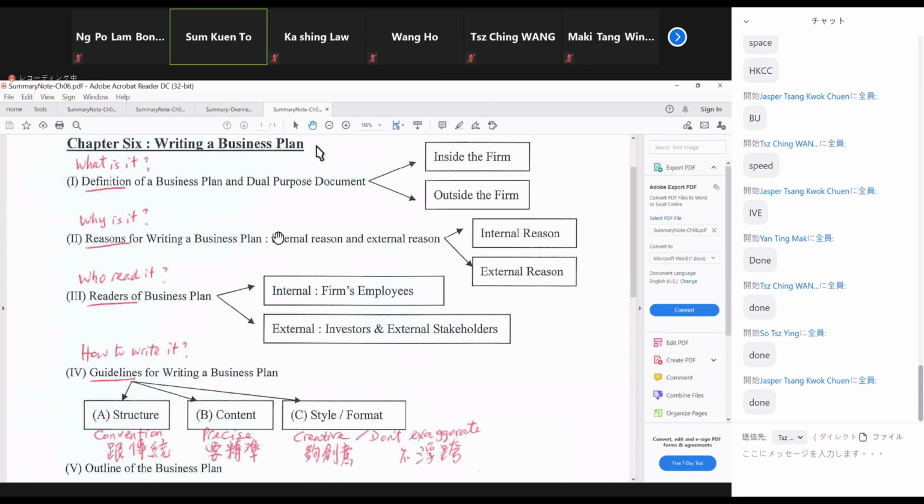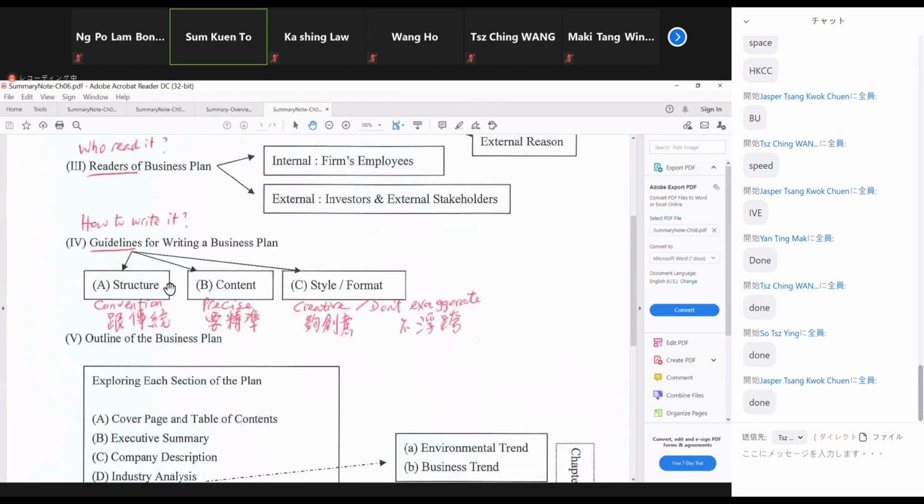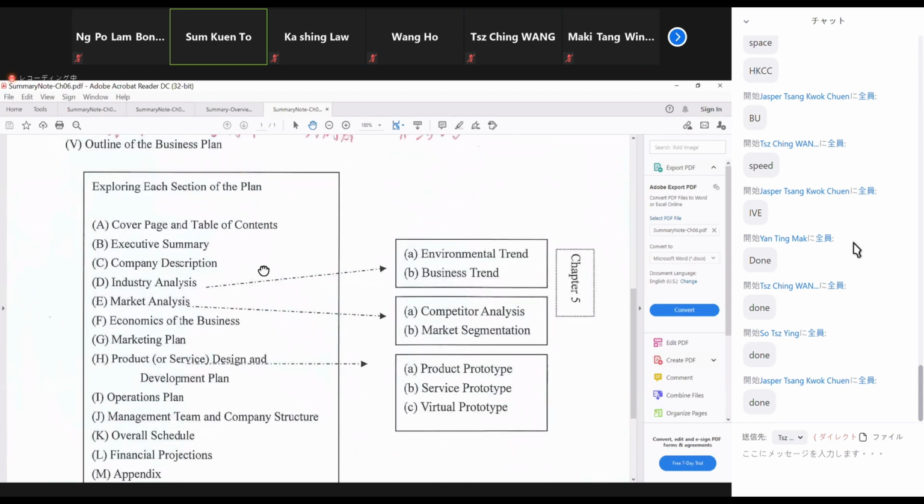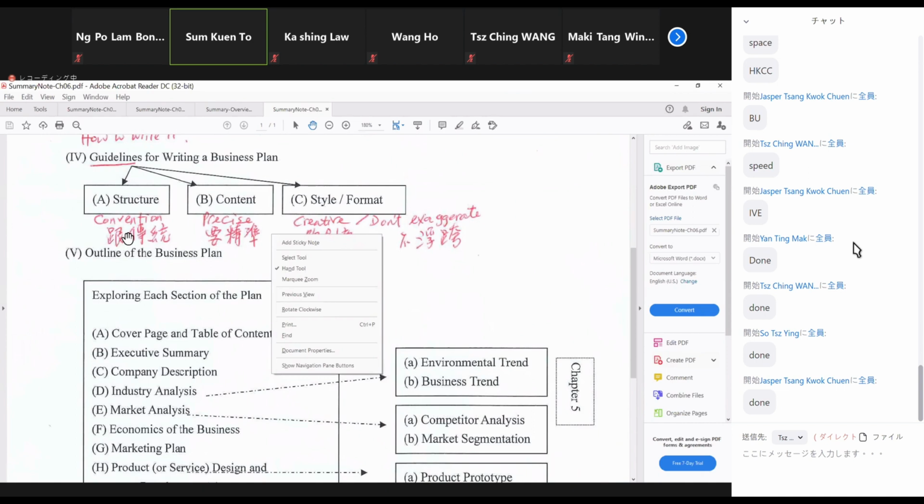And now, when writing up, you must bear in mind that 你寫個 business plan 嘅時候，要有一個概念，跟傳統，要精準，夠創意，不浮誇. Okay, so when writing up a business plan, as far as the structure, the items, the headings, item 1, 2, 3, 4, 5, A, B, C, D, E, F, G, H, I, J, K, L, M, they must be the standard one, following the conventional, traditional structure.